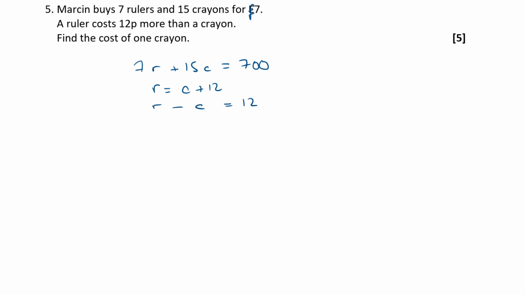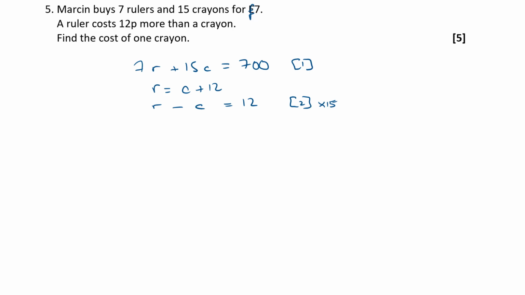So they're both in the same form. So that's my equation 1. That's my equation 2. Okay, now I've got a negative C and a positive C. So actually, what I'm going to do is scale this one up by a factor of 15 so that I have minus 15C. And I can then add the 2 things together.